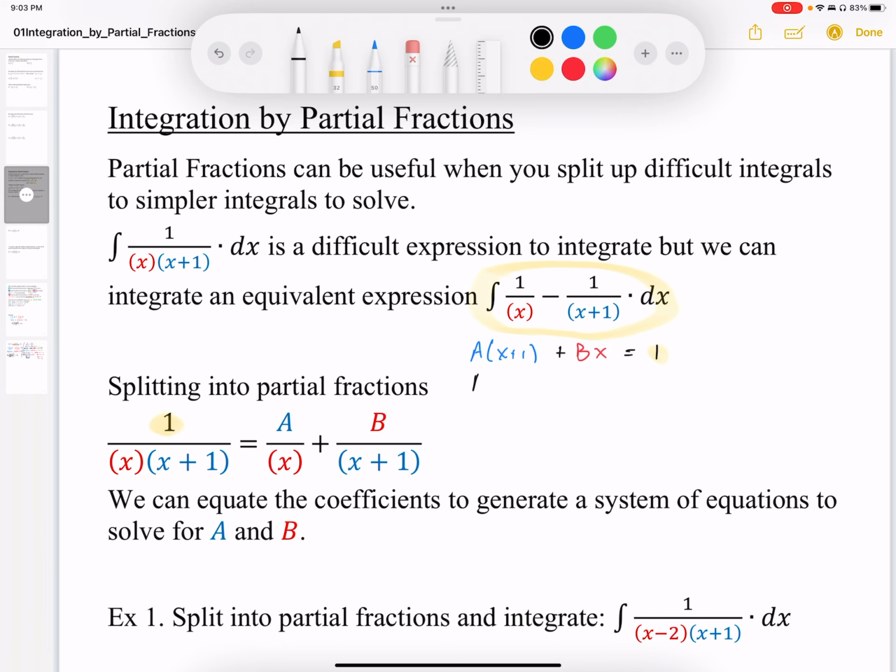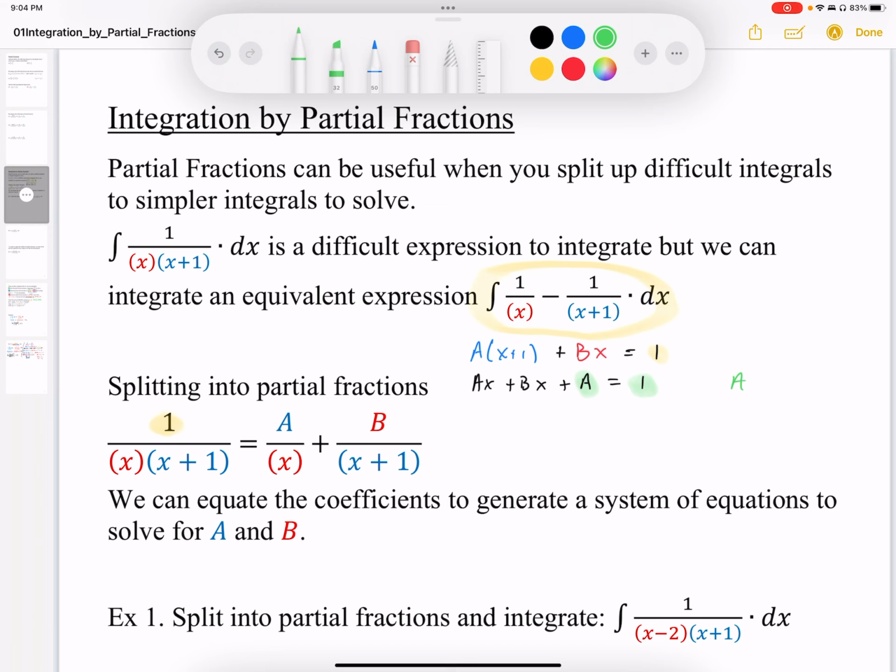And we can now solve for a and b. So we end up with ax plus bx plus a as our constant, and that's going to be equal to 1. Well, we can solve this by equating some of these parts. The constant a is equal to 1. So a is equal to 1. So I can determine that.